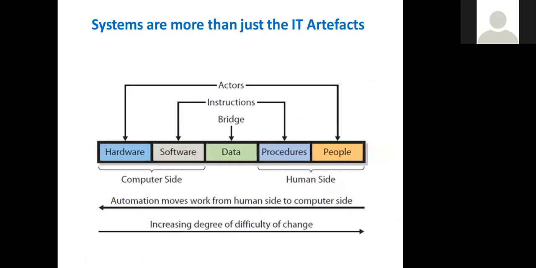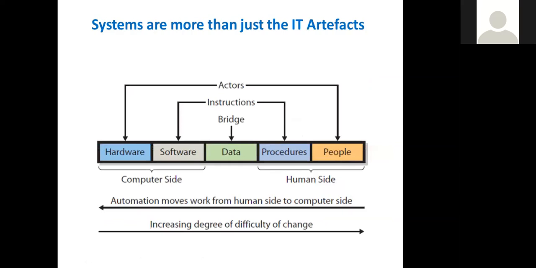So if you look at the system, if you look at the 5 components, and if you look at the arrows at the bottom, automation moves work from the human side to the computer side. And there is increasing difficulty of change as you move from the left side to the right side.